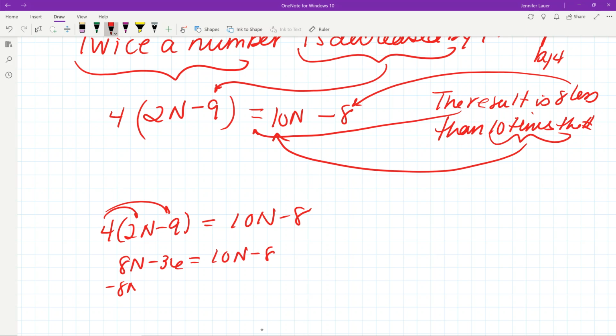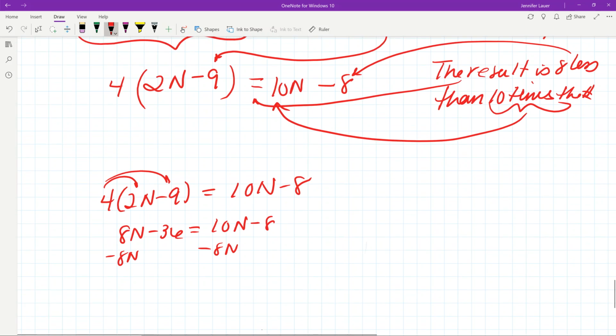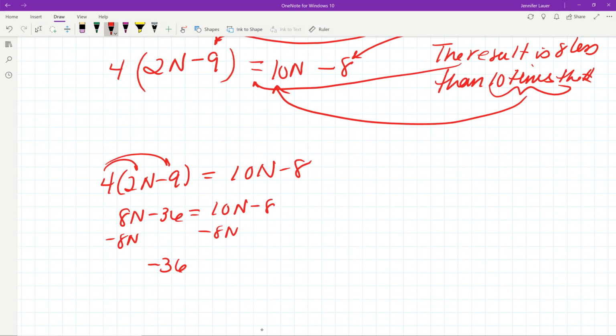I'm going to subtract 8n from both sides. Hopefully at this point you know what you're doing. If not, you probably need to review some of the Algebra 1 information. Plus 8, so this is negative 28 is equal to 2n. Dividing both sides by 2, n is going to be equal to negative 14. So that's pretty much that one.